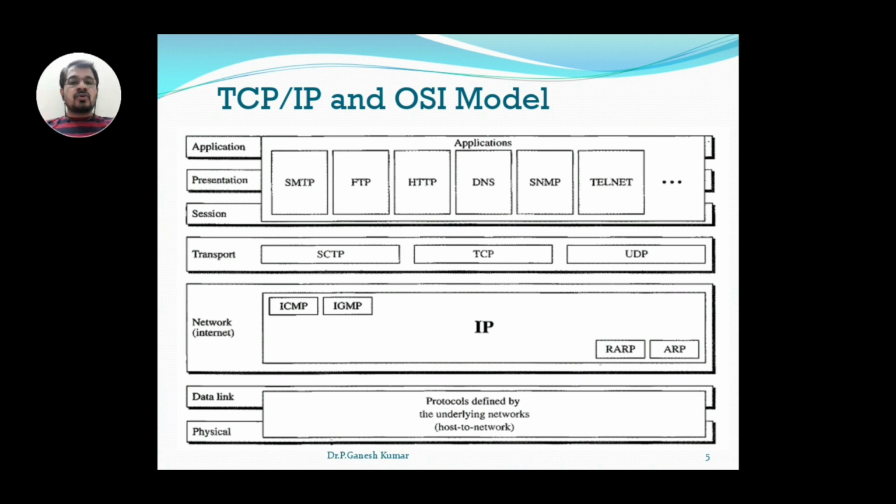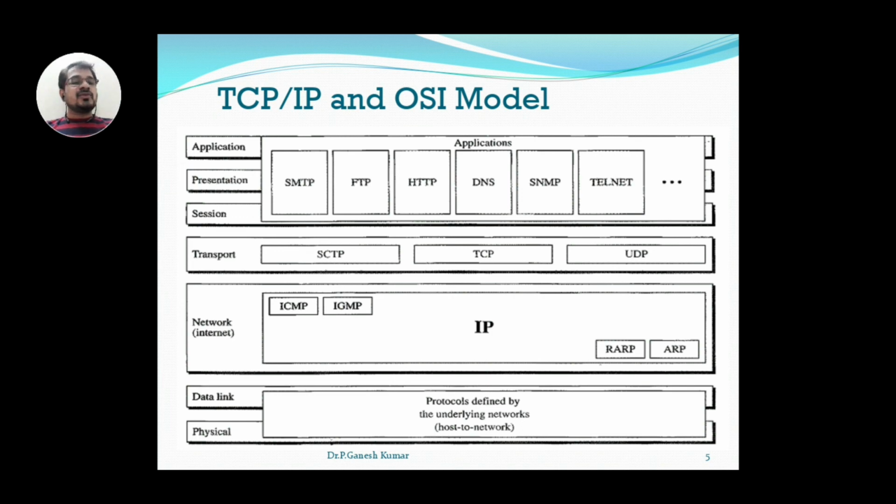There are multiple protocols: Simple Mail Transfer Protocol, SMTP; File Transfer Protocol; HTTP, Hypertext Transfer Protocol; Domain Name System, used to identify websites; the Simple Network Management Protocol; and Telnet. And then the transport layer, which has the transport layer functions as in the OSI model, with the Stream Control Transmission Protocol, Transmission Control Protocol, and the User Datagram Protocol.